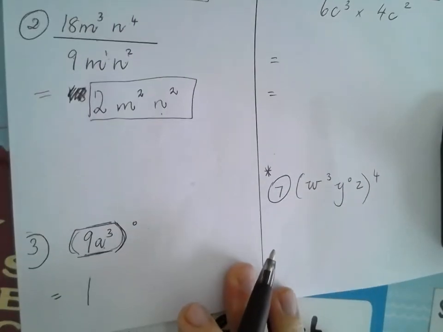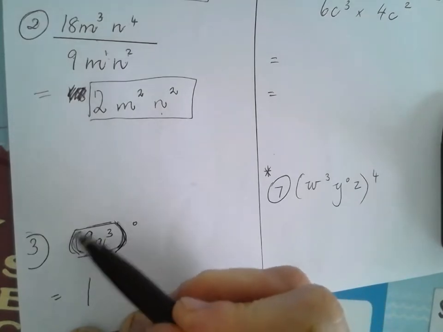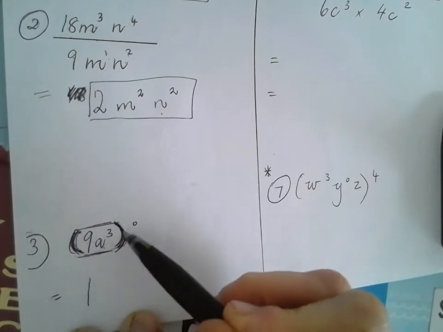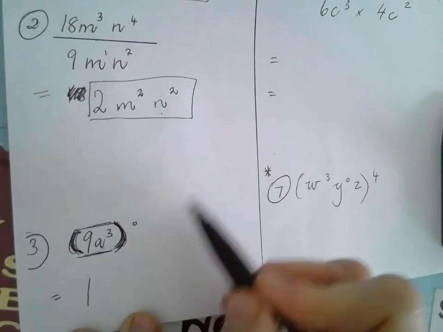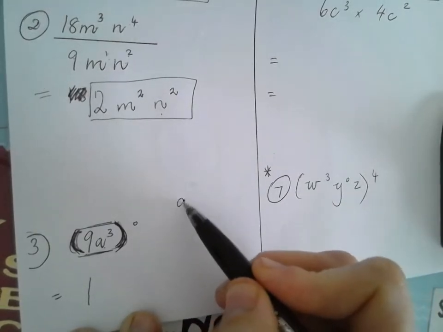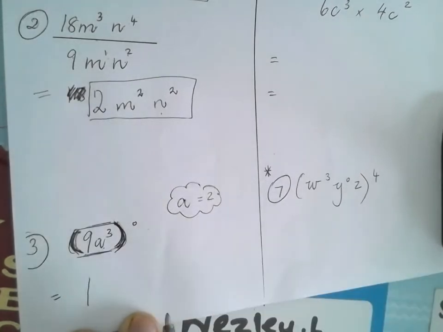There's no working out, no thinking involved. The brackets were there, very powerful. Anything inside those brackets gets grouped together. Okay, so we could give a a value and actually work out what this is. We could say a had a value of 2.